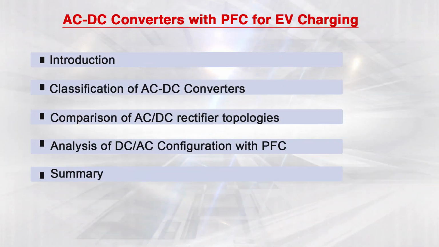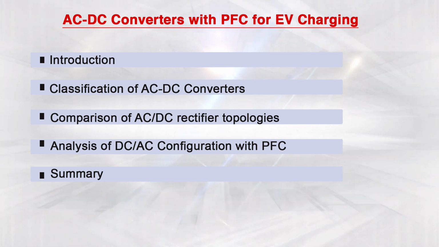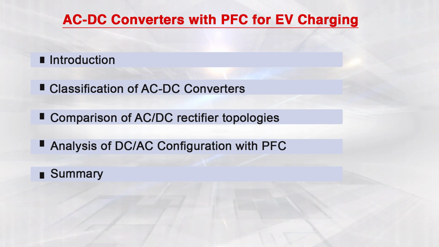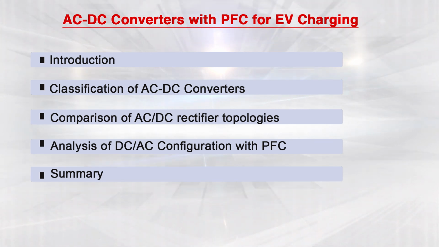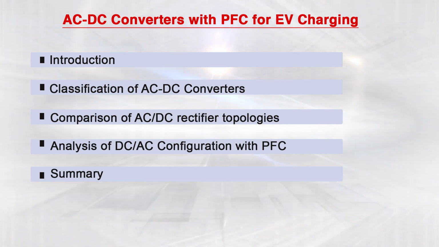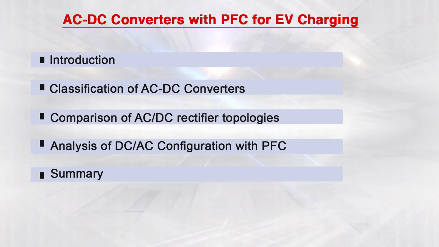So, under this particular title we will cover AC-DC converters with power factor corrections for EV charging. The content for this topic is introduction, classification of AC-DC converters, comparison of AC-DC rectifier topologies, what kind of rectifier topologies are available, and analysis of an AC-DC configuration with PFC.